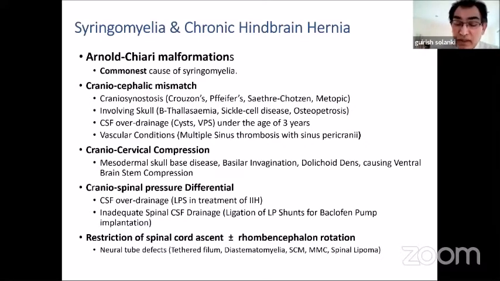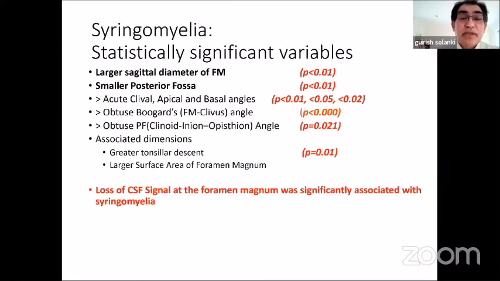Craniocervical compression, definitely. Craniospinal pressure differential, we all know that in cases where there's overdrainage of CSF, you get a hindbrain hernia, and then you develop spinal drainage problems with increase in spinal pressure. And then restriction of spinal cord ascent, which is caused by tethered cord, spinal lipomas, and so on and so forth. So there are a number of conditions.